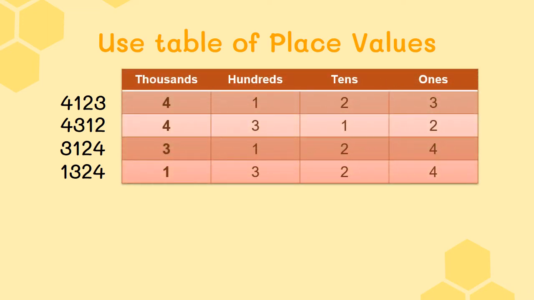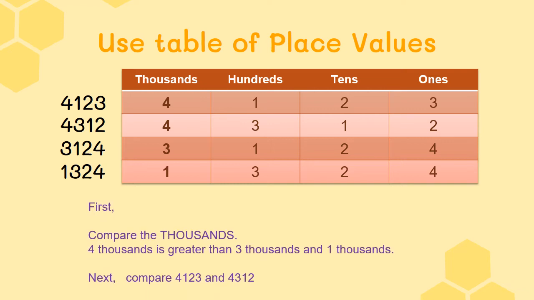Okay, we already put the digit in the table, right? 4,123, 4,312, 3,124, and 1,324. And then first compare the thousands. 4, 4, 3, and 1. Which one is the greatest? Of course 4. 4,000 is greater than 3,000 and 1,000.